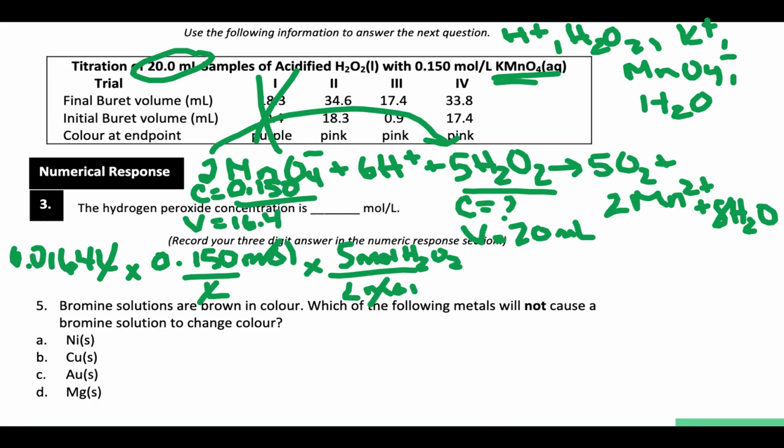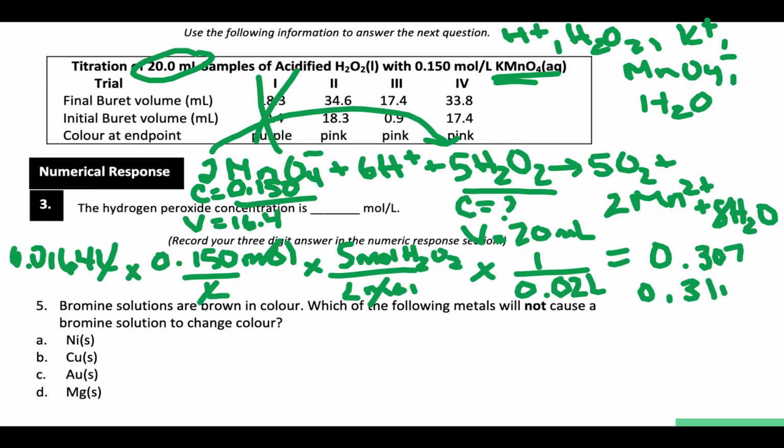And then lastly, I need to divide by the volume I am using. And again, every sample was 20 mL, so 0.02 liters. And you would get 0.307, and that would be moles per liter. And then in this case, because we would want just 2 sig digs, this will be 0.31 moles per liter.